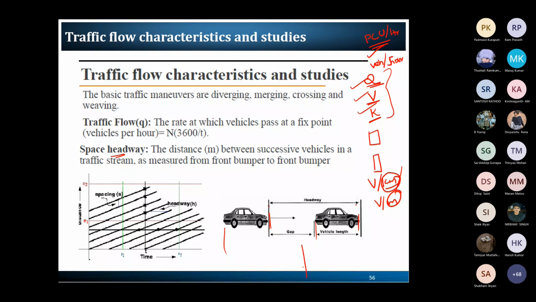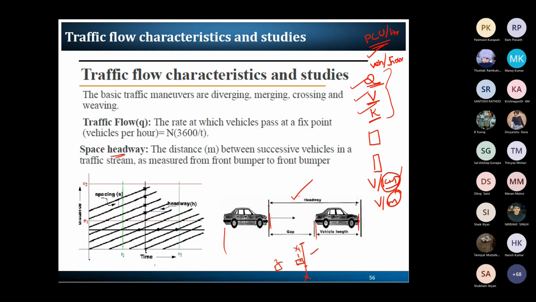If you take one point, x1, and note at what time the first vehicle left and at what time the second vehicle leaves this particular point, that is considered the time headway. So headway is basically the difference between two vehicles. With respect to distance, it is space headway; with respect to time, it is time headway.